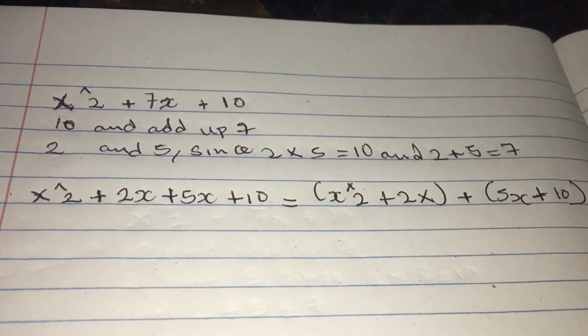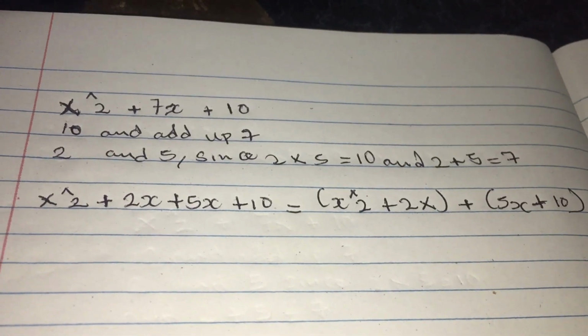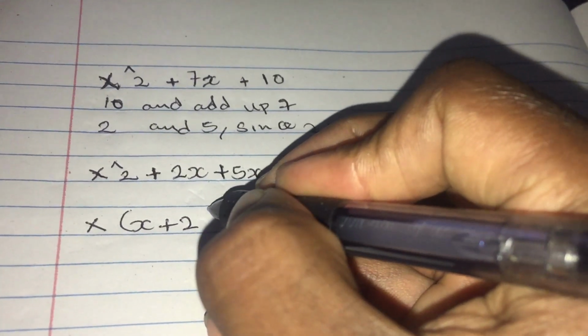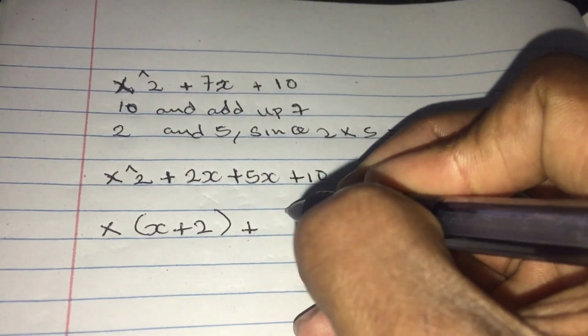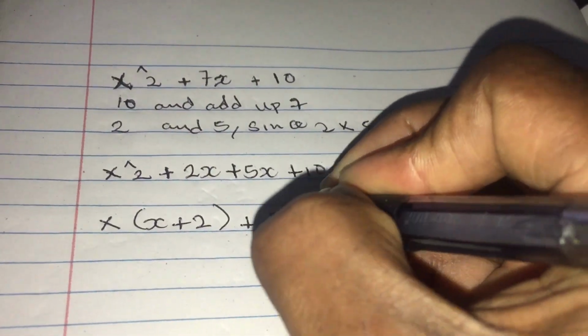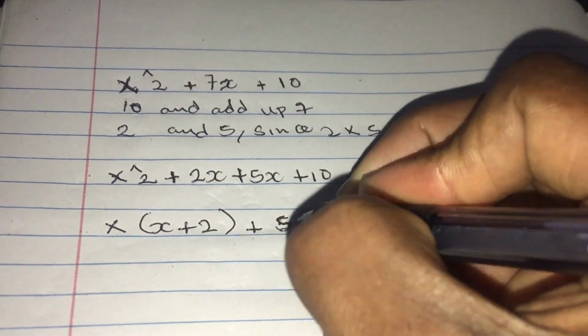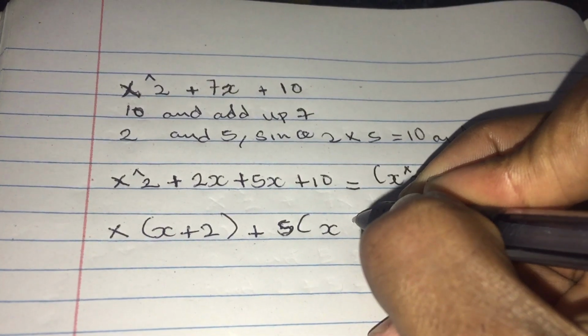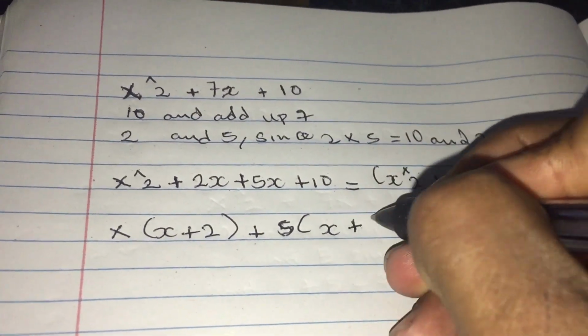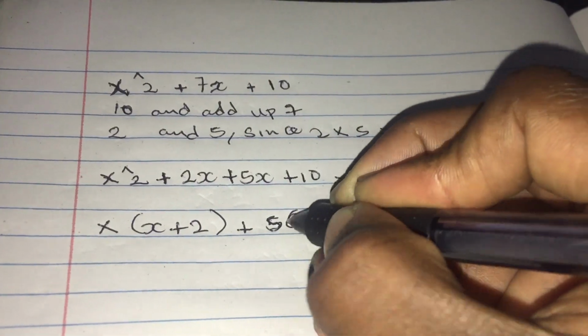Okay, so that is x bracket x plus 2 bracket plus 5 bracket x plus 2 bracket.